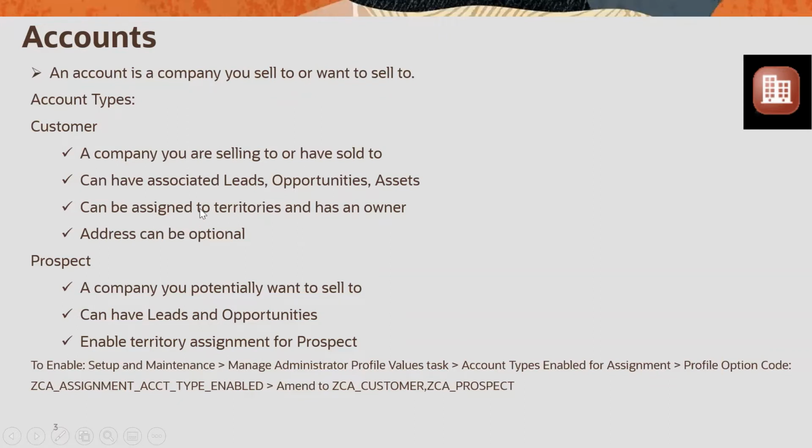By default, a customer account is enabled to assign territories, but for a prospect account we need to enable territory assignment using a profile option. If we go to Setup and Maintenance and then the Manage Administrator Profile Values task, there we can see a profile option, and we can add the ZCA prospect value. Then we can assign territories to prospect accounts also.